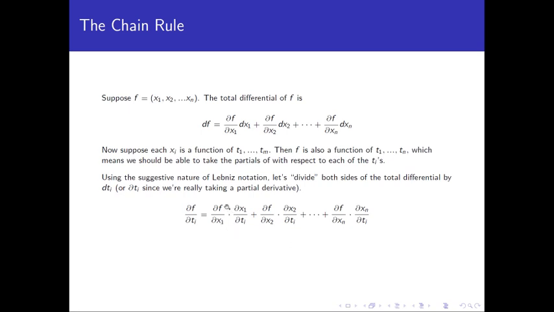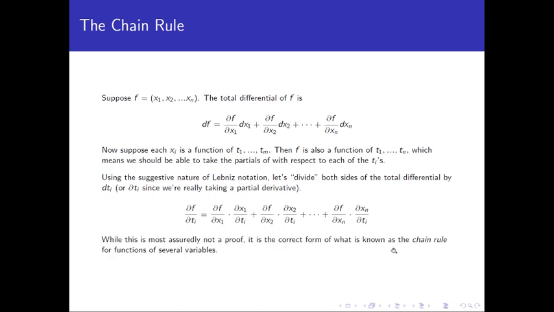Notice that we take the partial of f with respect to x1 and then the partial of x1 with respect to ti. Do the same thing for x2, and all the way through for xn. Like I mentioned, this is 100% not a proof. I'm dividing by a notation that does not make mathematical sense.